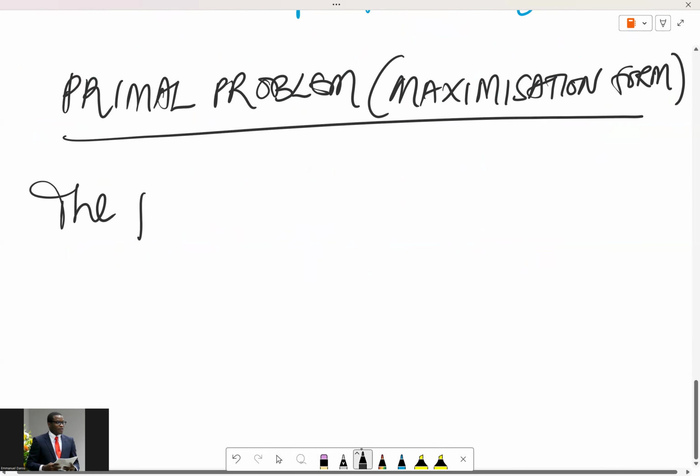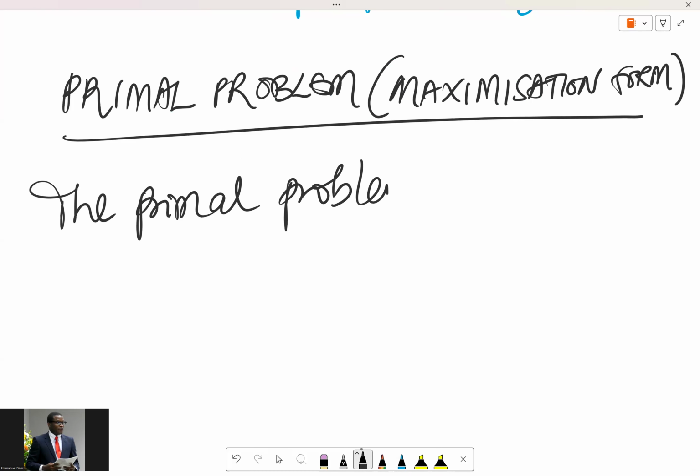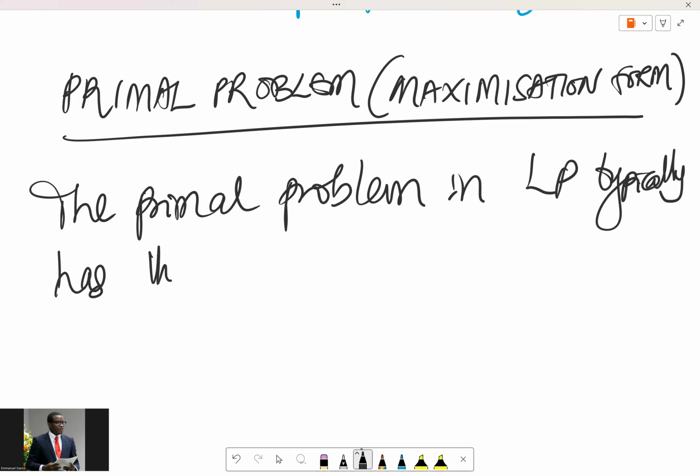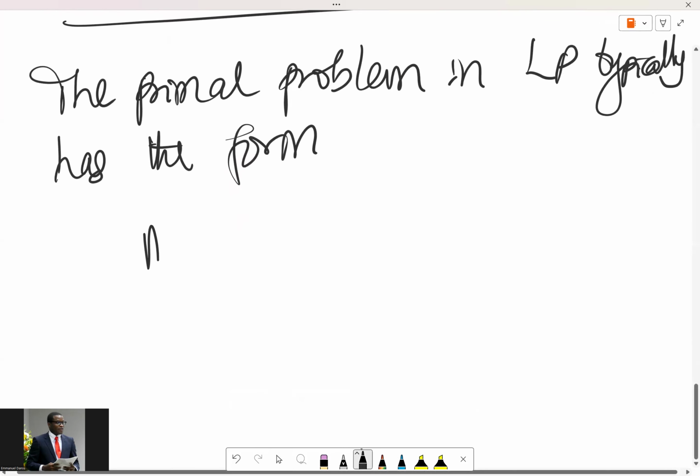So the primal problem in linear programming typically has the form, and we're going to put it in matrix form now.